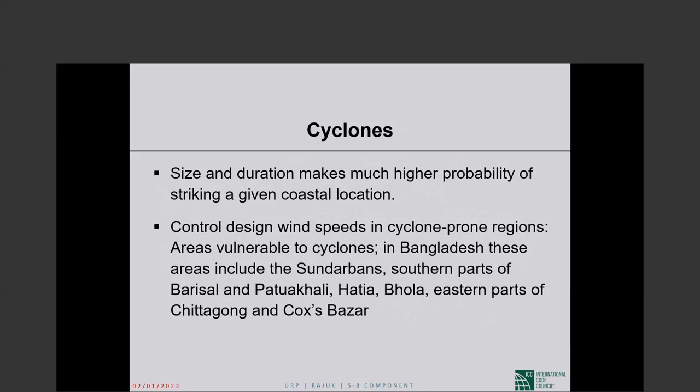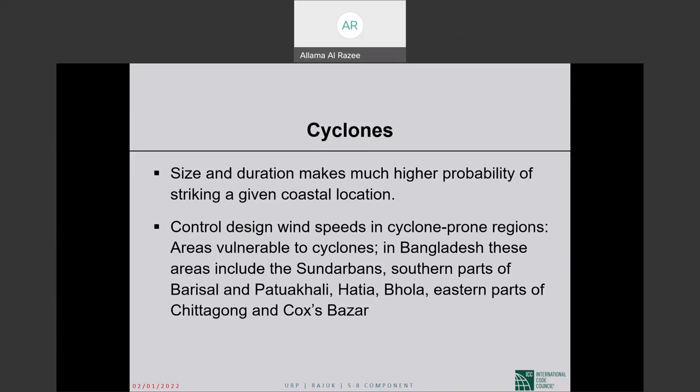Size and duration. So coming back to hurricanes or cyclones, the size and duration, the two things that we were talking about, that these huge storms cover a large geographic area and move very slowly. They sit there for a long time. Size and duration make a much higher probability of striking a given coastal location, unlike, again, tornadoes, localized in time and space.